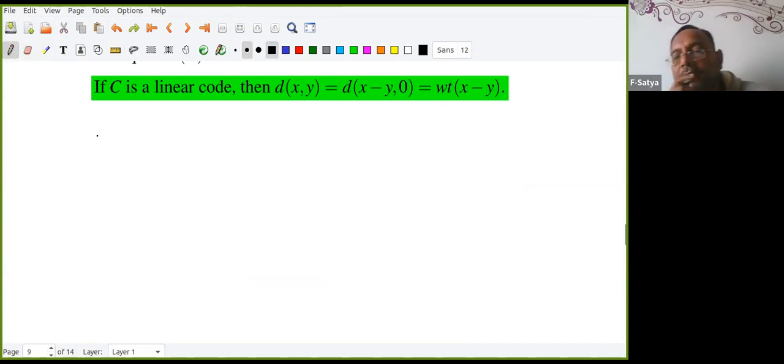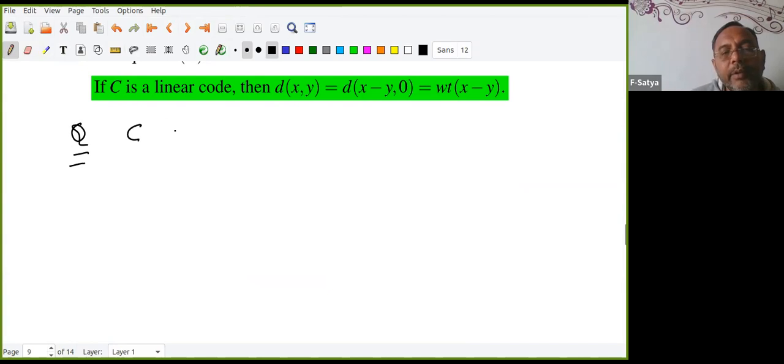So one question I'm asking you, right? C is a repetition code on F_q of length n.